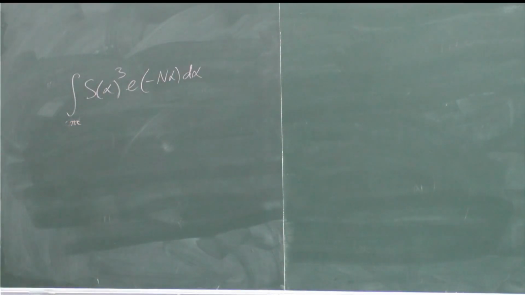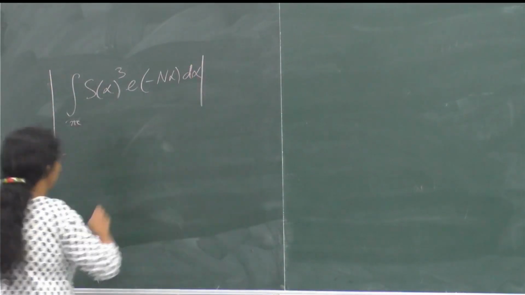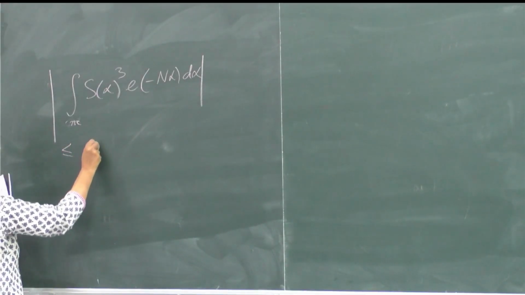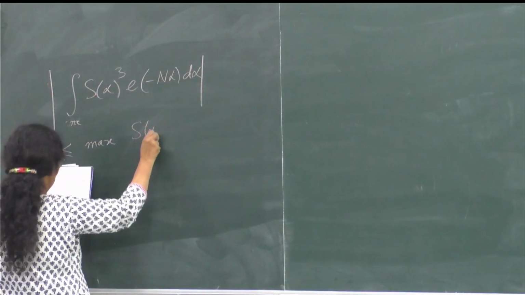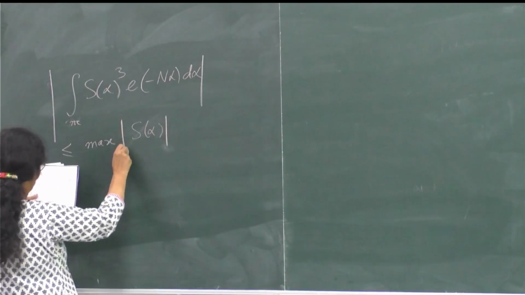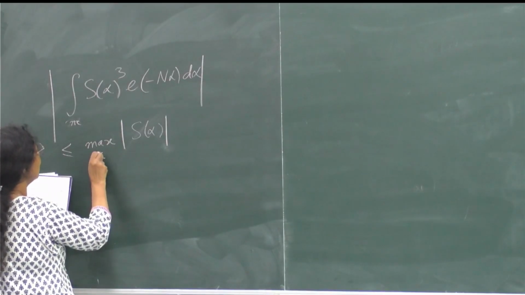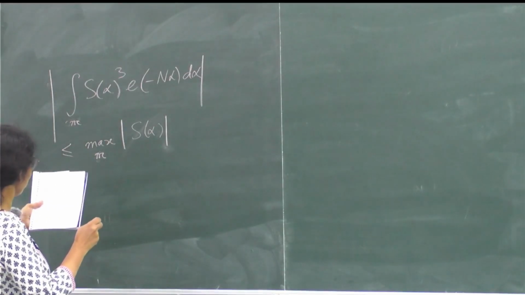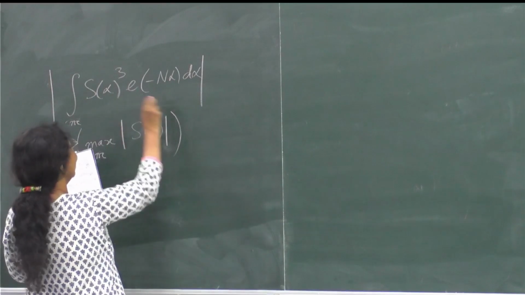So this one, if we want to count this, then this is going to be less than or equal to the maximum of S alpha over this little n. And then one of them have come here, and then there's a second one.